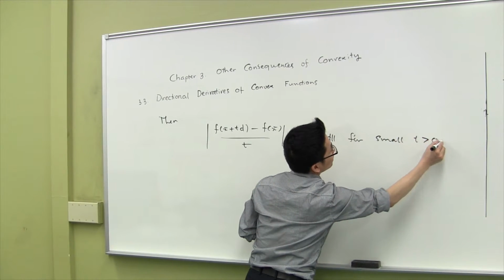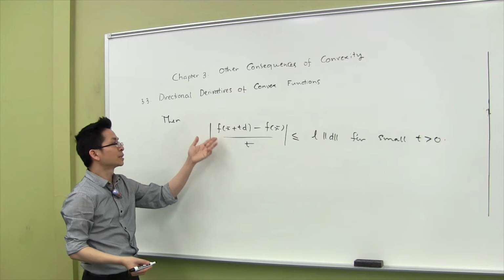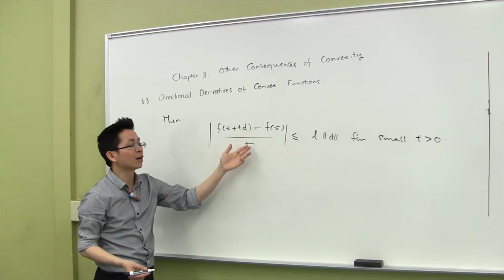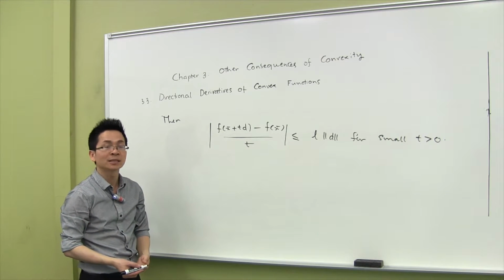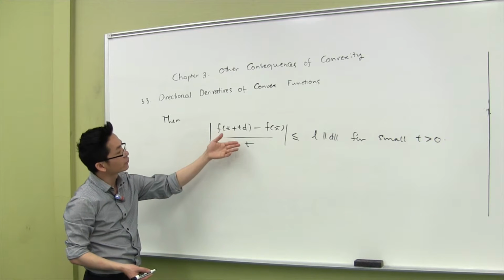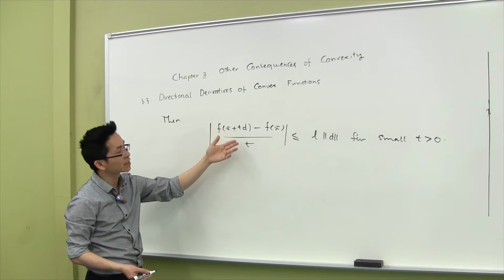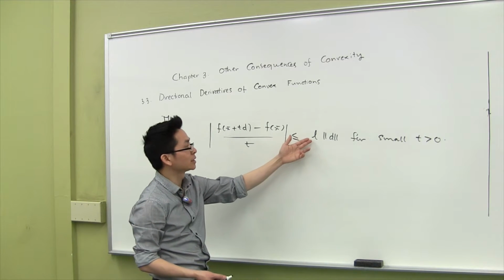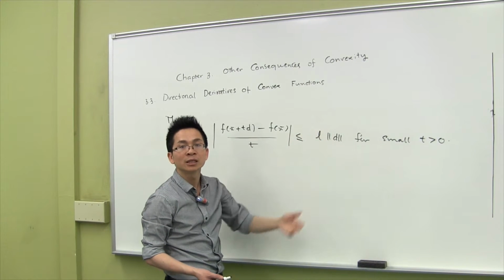Okay, and as we know, the limit of f of x bar plus td minus f of x bar over t as t approaches 0 from the right always exists. And from this inequality, we see that the limit has to be a real number. And in fact, that real number is always less than or equal to L times the norm of d.